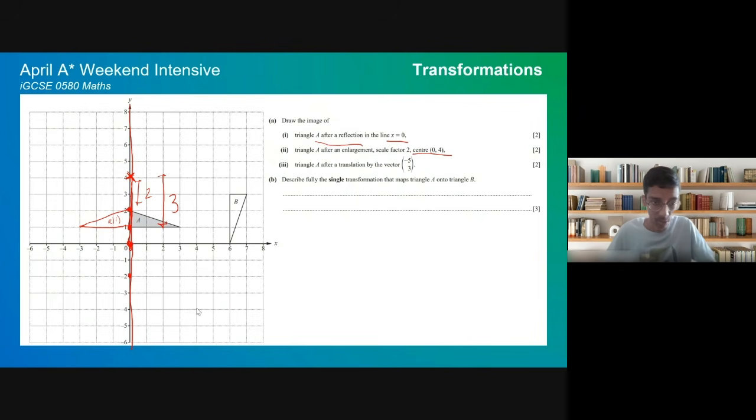Now, that is one way of doing it, but there's also another way. What do you notice about the side length of this new triangle? Yeah, twice the original. And why is that? Because it's been enlarged by scale factor 2. So you can always go back to your question and sense check. Does it make sense where my point is lying? Yes, because the side is twice what it originally was.